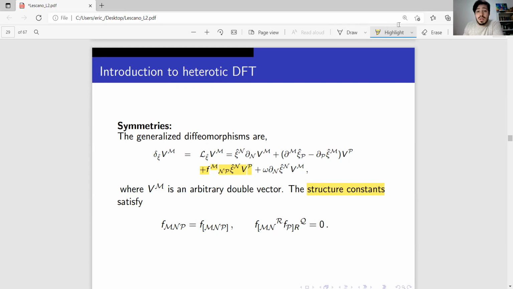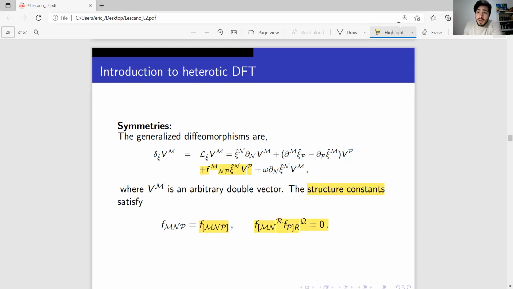We are deforming our generalized Lie derivative, or if you want, this is the generalized Lie derivative for gauge double field theory. Gauge double field theory contains an extra term in its generalized Lie derivative. Of course, this derivative acting on the invariant metric is zero, and these structure constants satisfy these relations, are completely antisymmetric, and this is a kind of Jacobi identity for the structure constant.